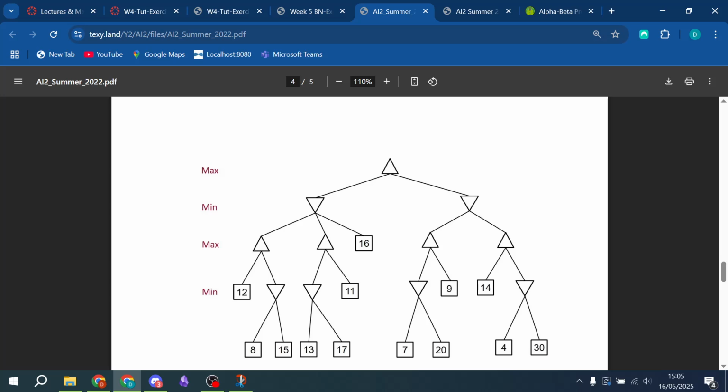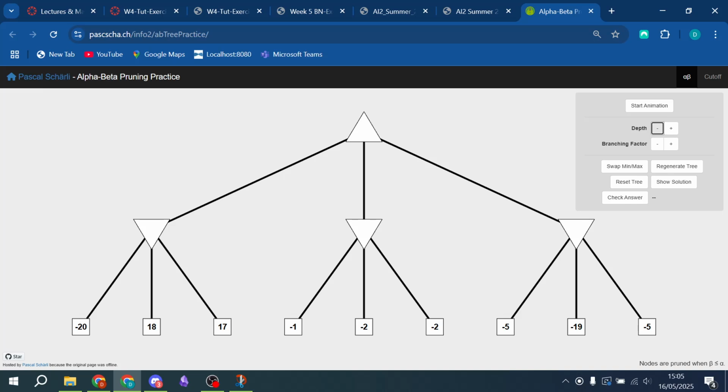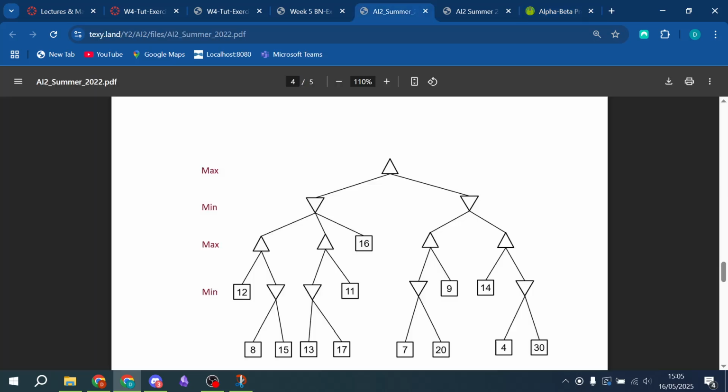I mean, this one wasn't pruned anyway, so we could try doing it without this branch. That would be a branching 2 ways of 1, 2, 3. Although I don't think you can have nodes like this. I don't think you can simulate it on this website.